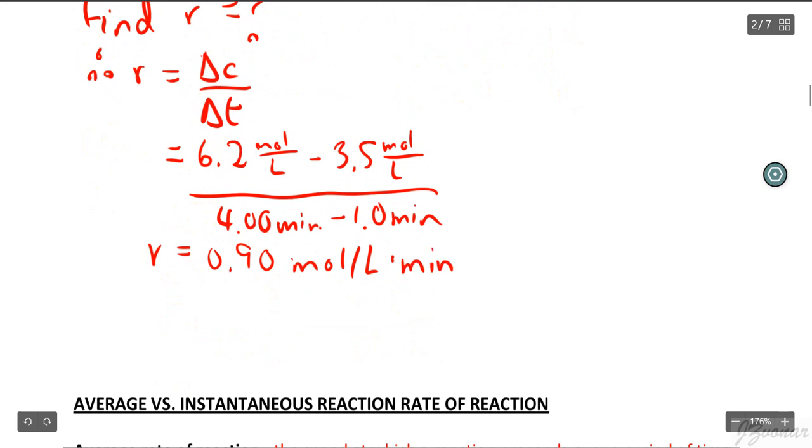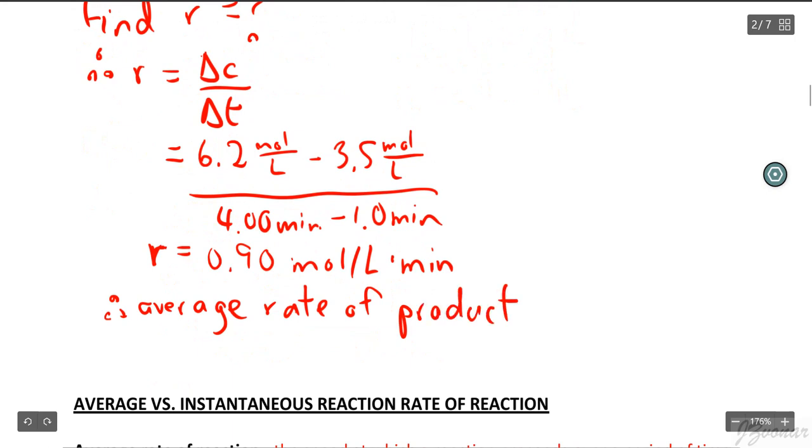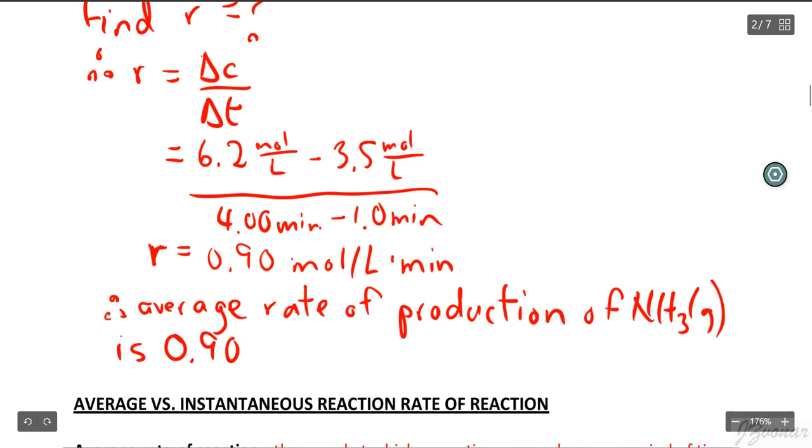Okay, so the average rate of production in the original question of ammonia for this particular reaction is 0.90 moles per liter minute.